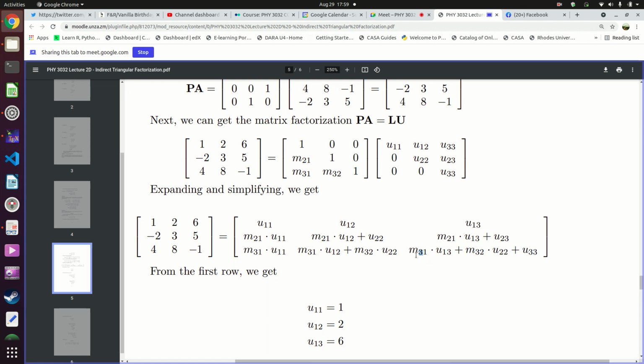So this one equals this M31 U13 plus M32 U22 plus U23 equals minus 1.